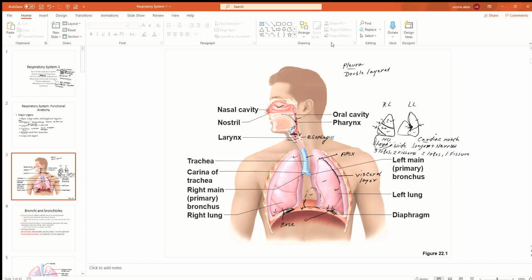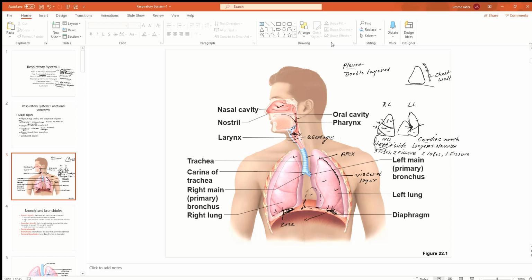And then this visceral pleura, what happens is, actually this is your lung, and this is your chest wall. These are the ribs and the intercostal muscles. So this is the chest wall, and this is the diaphragm, you know that.